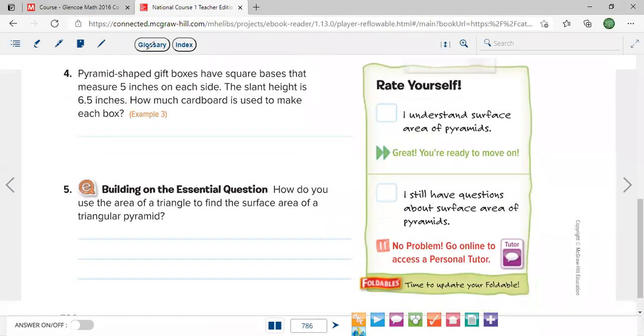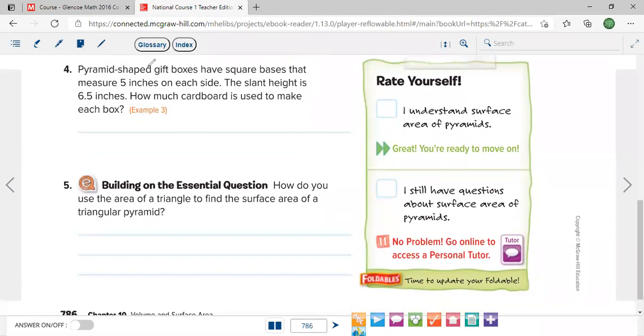Problem 4. A pyramid-shaped gift box has a square base, so the base is shaped like a square, and we have 4 faces that measure 5 inches on each side. The slant height is 6.5. How much cardboard is used to make each box? Very easy.